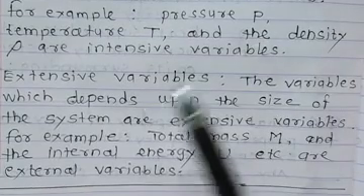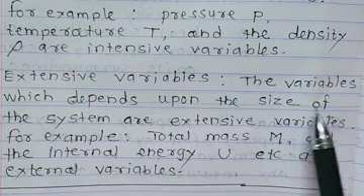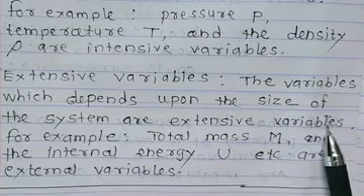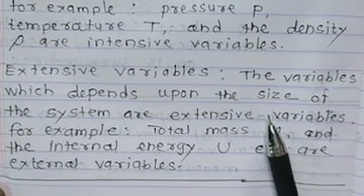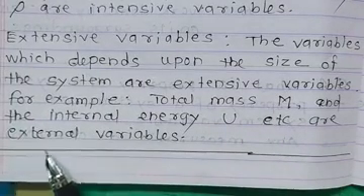Now, extensive variables. The variables which depend upon the size of the system are extensive variables. For example, total mass, capital M, and the internal energy U, etc. are the extensive variables.